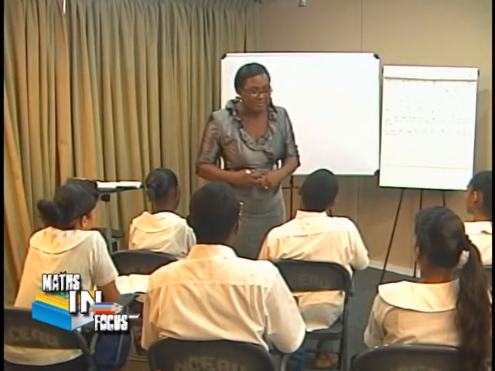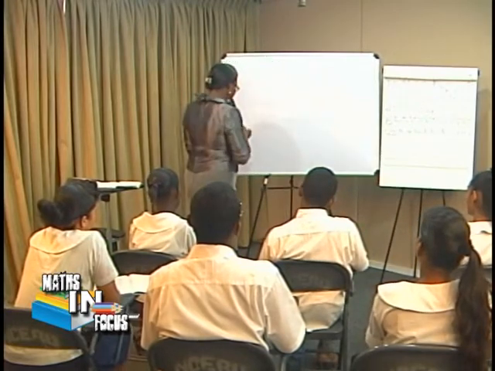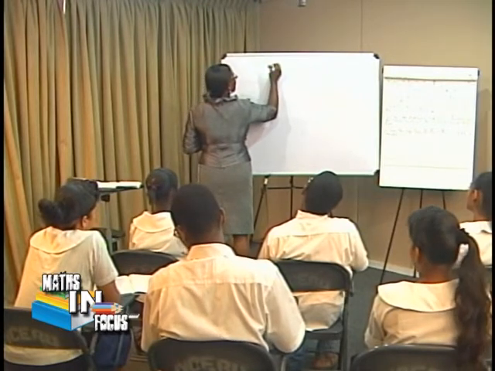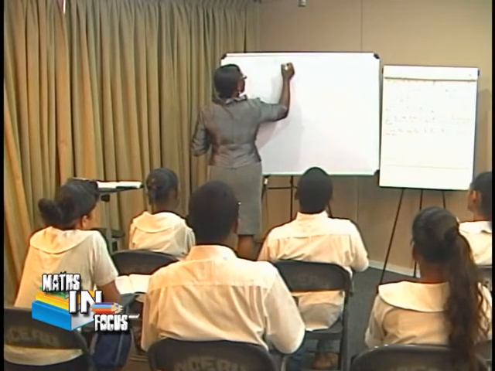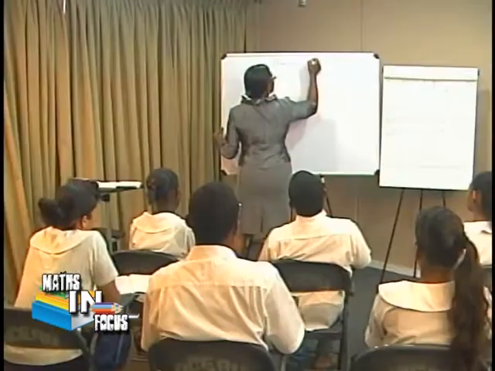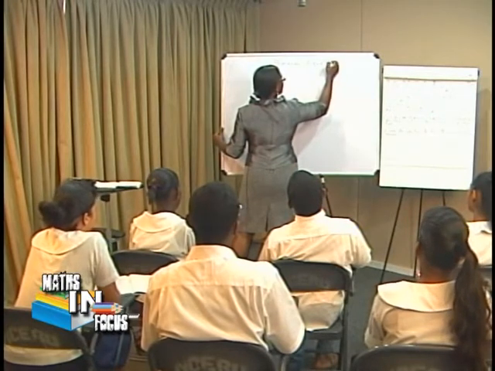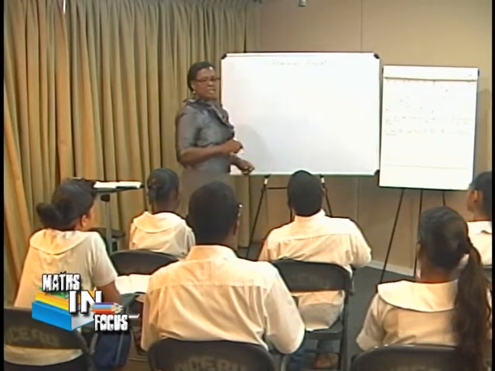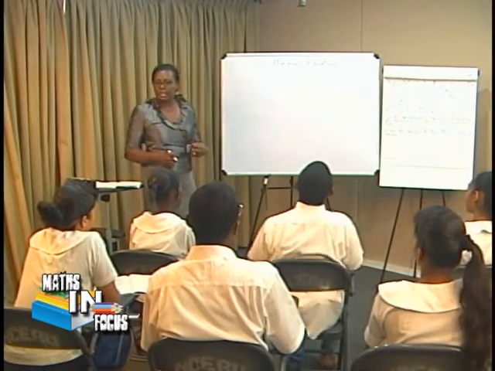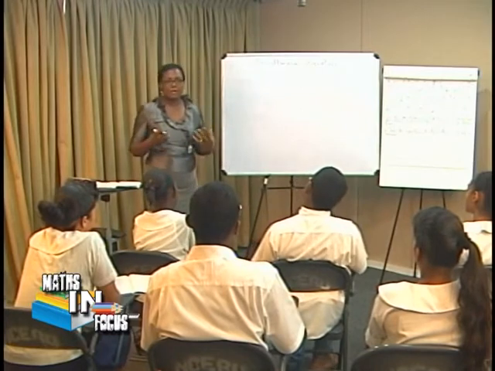We call them simultaneous equations. So let's put our topic up. We're taking equations and solving them at the same time, or simultaneously. We're finding values that can satisfy the equations to make them balance.